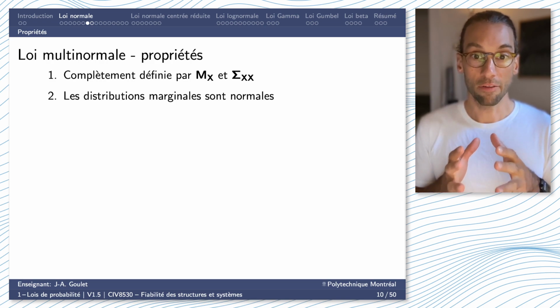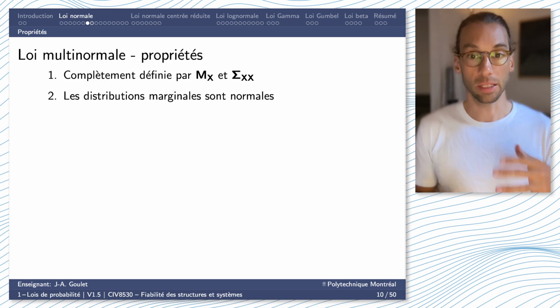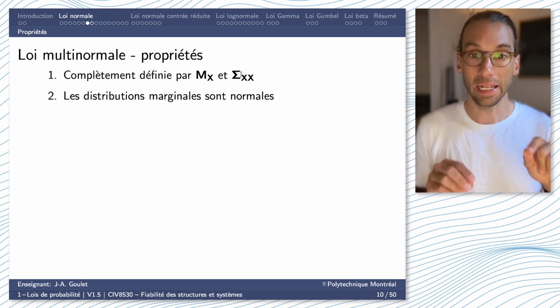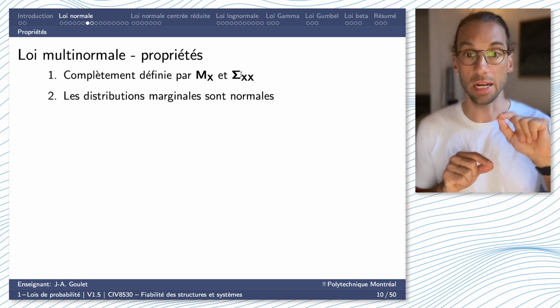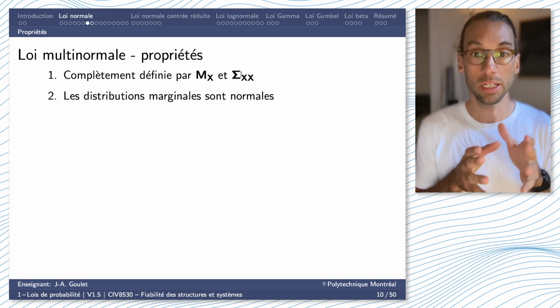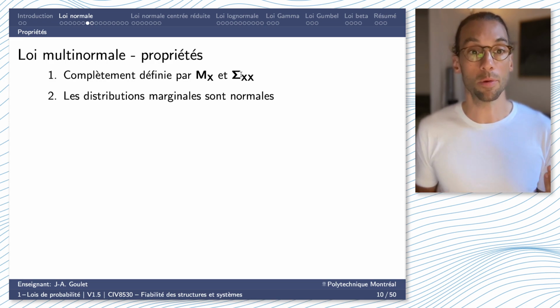We can have marginal distributions that are normal. So what does it mean? It means that once I have my mean and covariance, I can directly obtain the marginal distribution without the need to integrate, as we saw in module 0. We don't need to integrate explicitly because here the marginal distributions are directly represented by the components that are already available in the mean vector and covariance matrix.